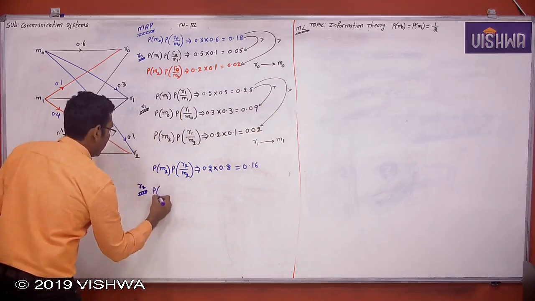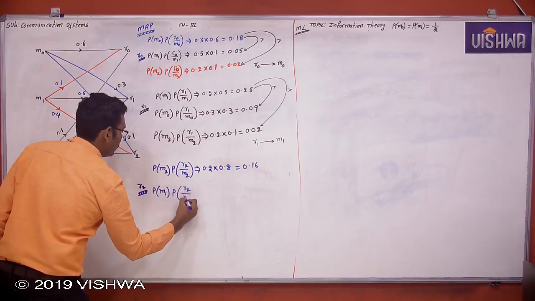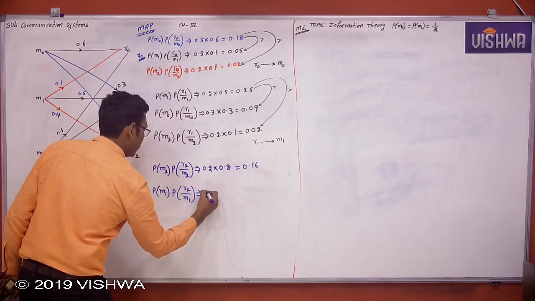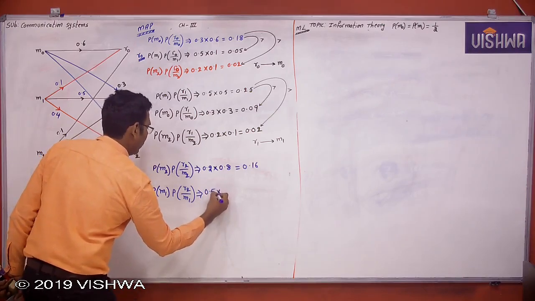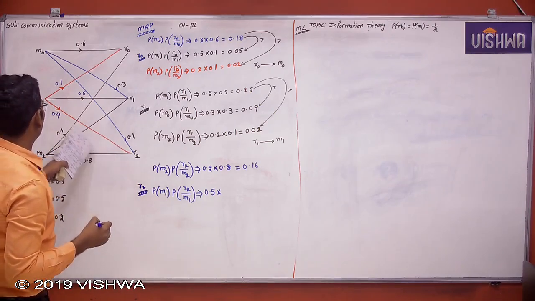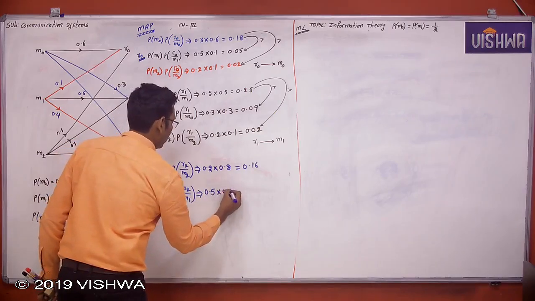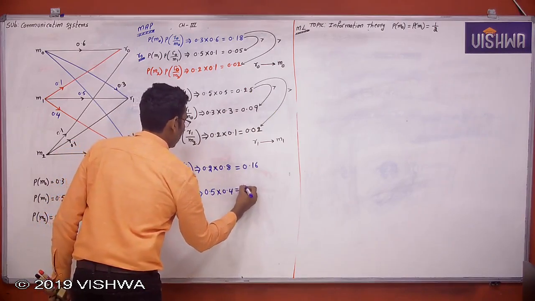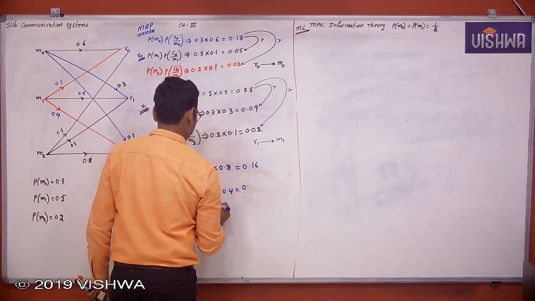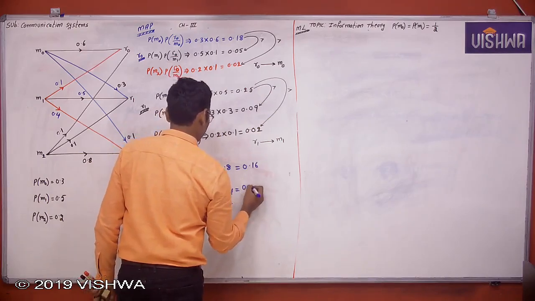Now P of M1 into P of R2 due to M1, which is 0.5 into 0.4, which is equal to 0.2.